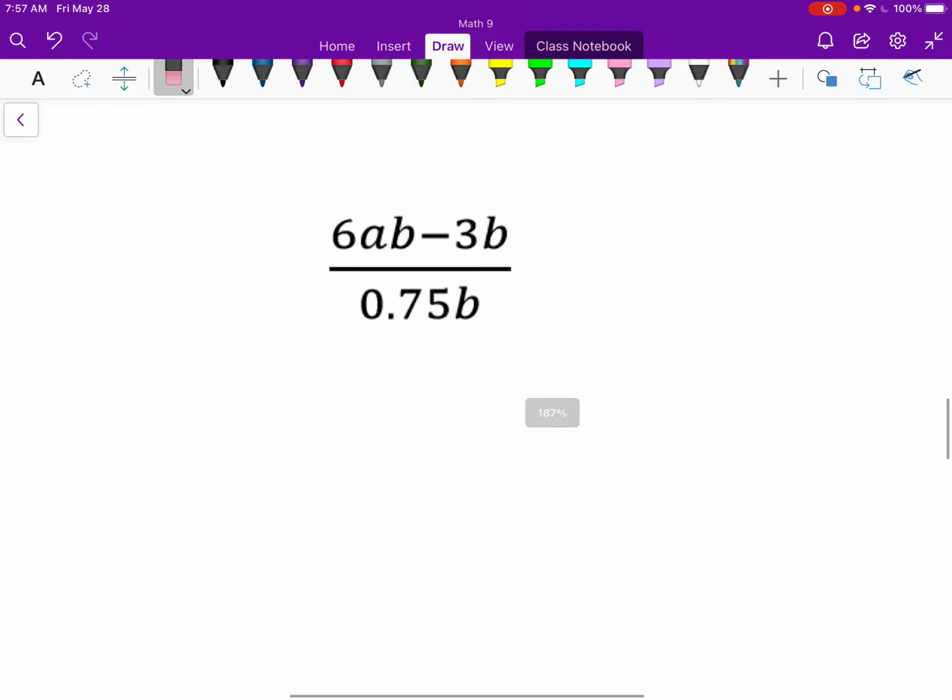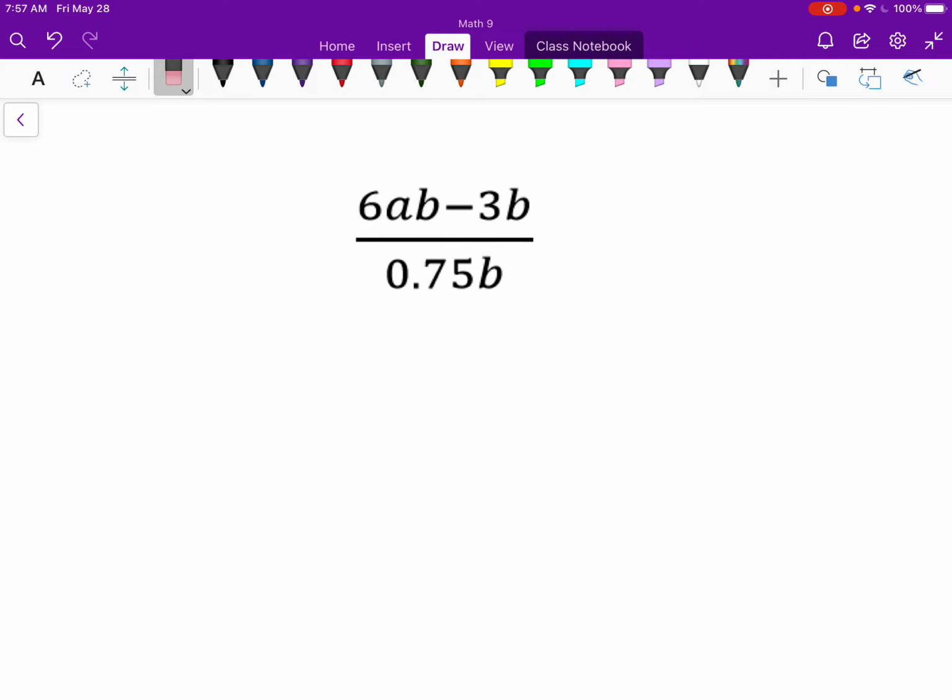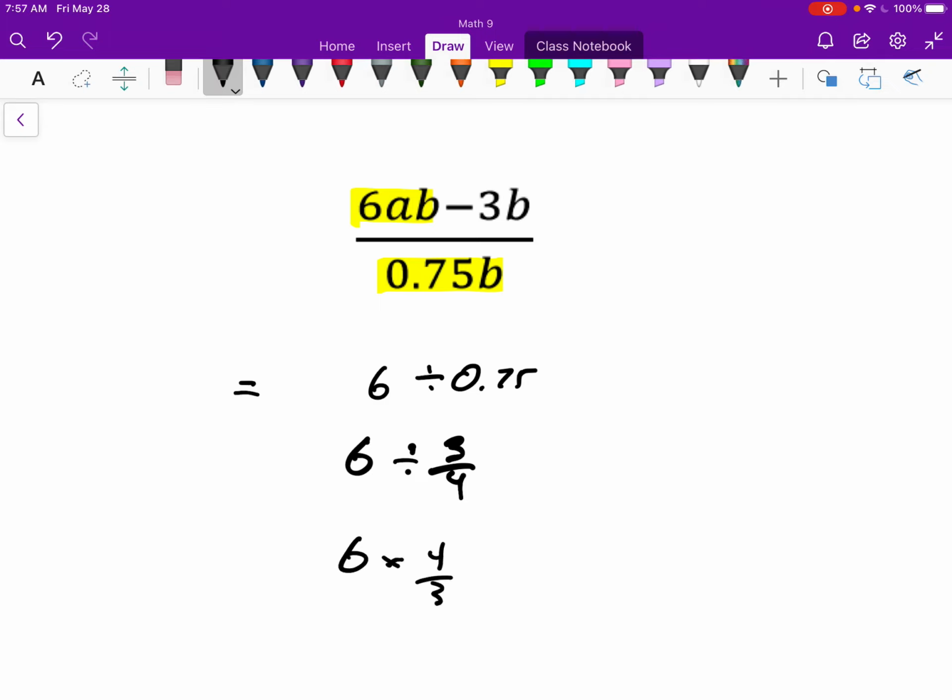And here's the last example. All right, so first, again, I'm going to look at this: 6ab divided by 0.75b. The first thing I need to think about is what is 6 divided by 0.75, which again, you don't need a calculator, same as 6 divided by 3/4. And dividing by any fraction, dividing by any number, is the same as multiplying by the reciprocal.